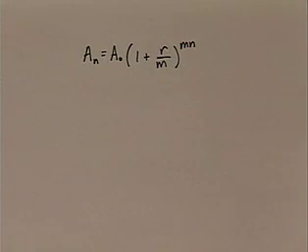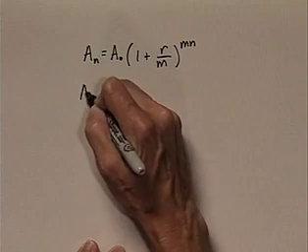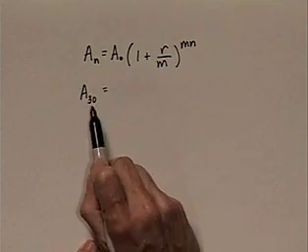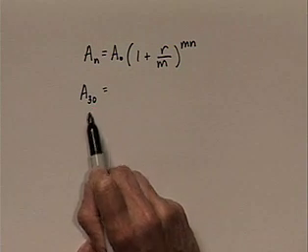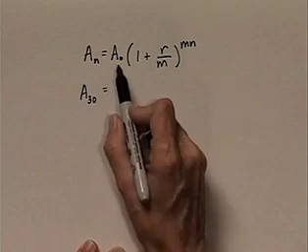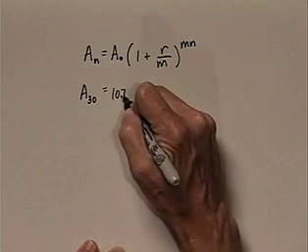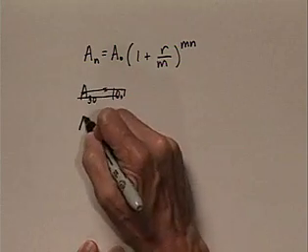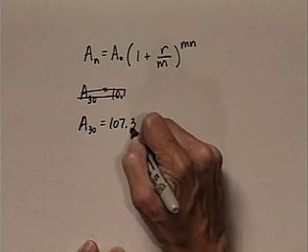We have this formula. The way the problem's written, it's as if we're looking for A sub 30. That's probably the best place to start because we're going to keep the money for 30 years, or the government actually waits 30 years to pay the money back. A sub 0 is 107.3 billion.